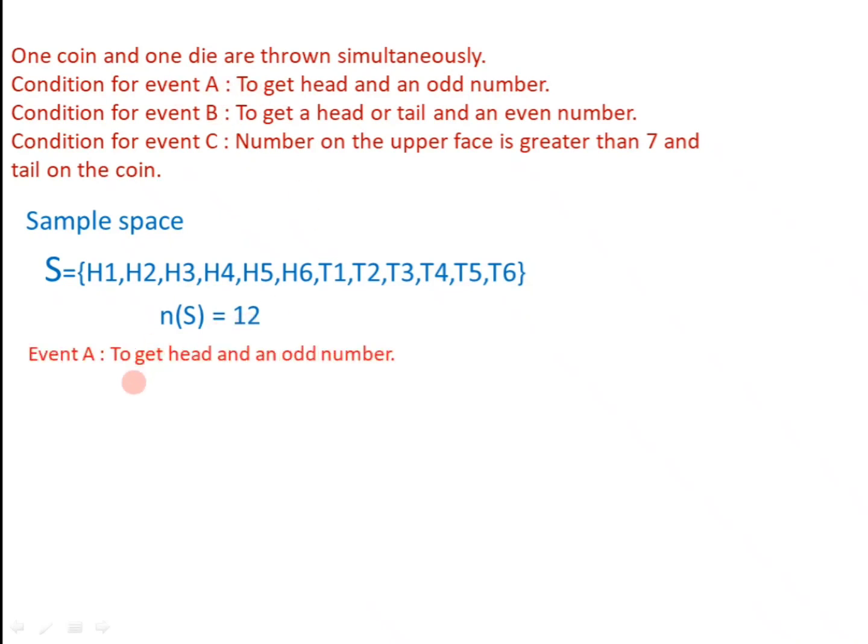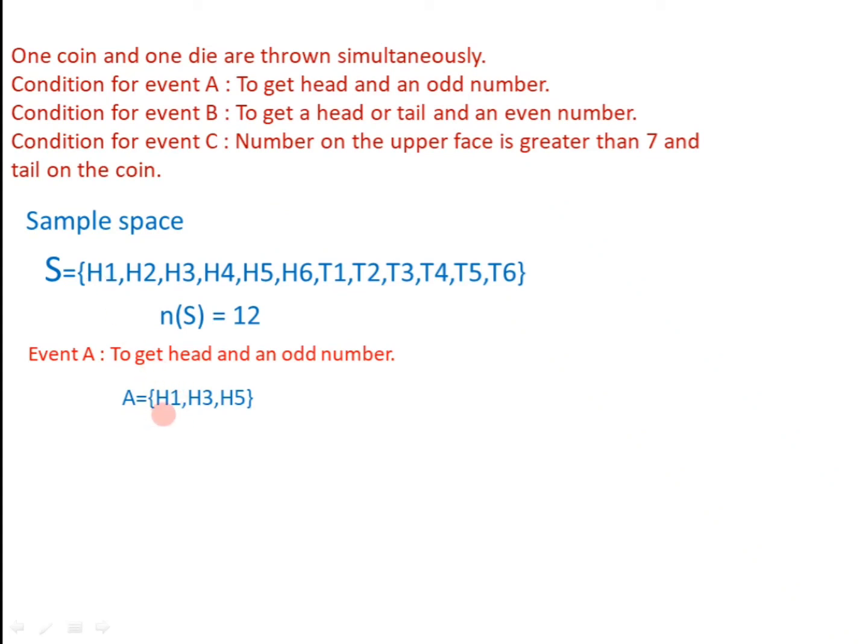The first event is to get head and an odd number. Now we have to find those sample points from this sample space which have head on the coin and an odd number on the upper face of the die. So if we go on checking from the first element, H1 can be a part of set A as head is there on the coin and the number is 1 which is odd.